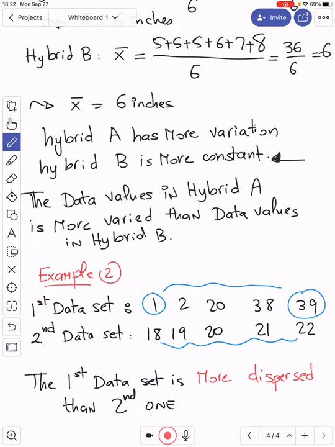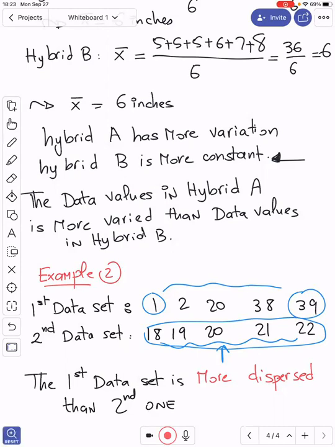So the numbers in the second data set are very close to each other compared to the first one. So the first data set has more variation than the second data set. The second data set is more constant because the numbers are close to each other, so they're more or less the same thing.